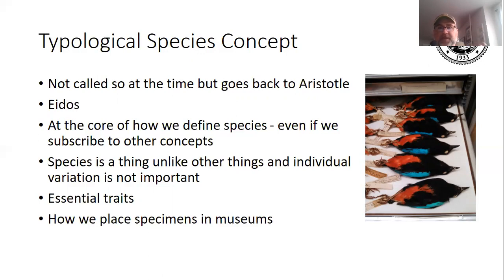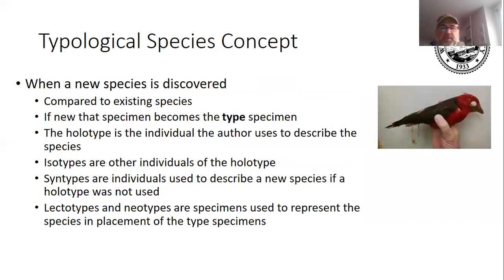As long as it has these essential traits that unite that population, they're all considered the same species. It's how we do field guides, and it's how we place specimens in museums. The typological species concept is sort of the first working definition when we are examining biodiversity.